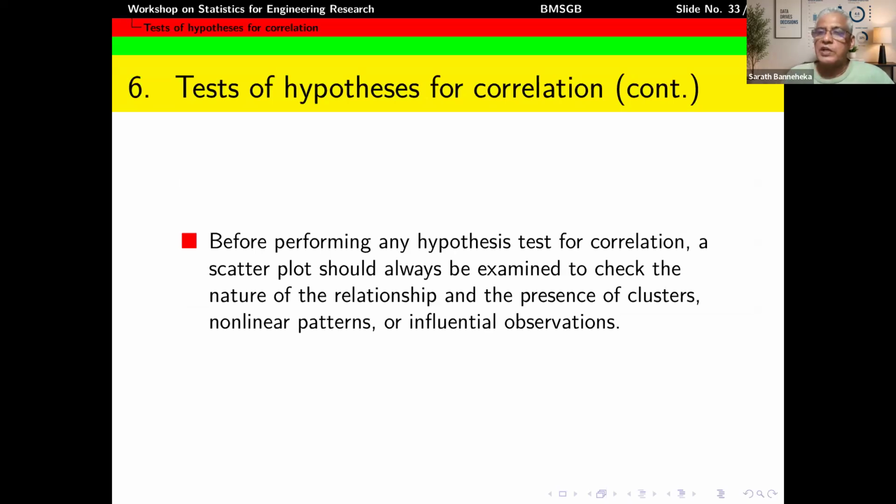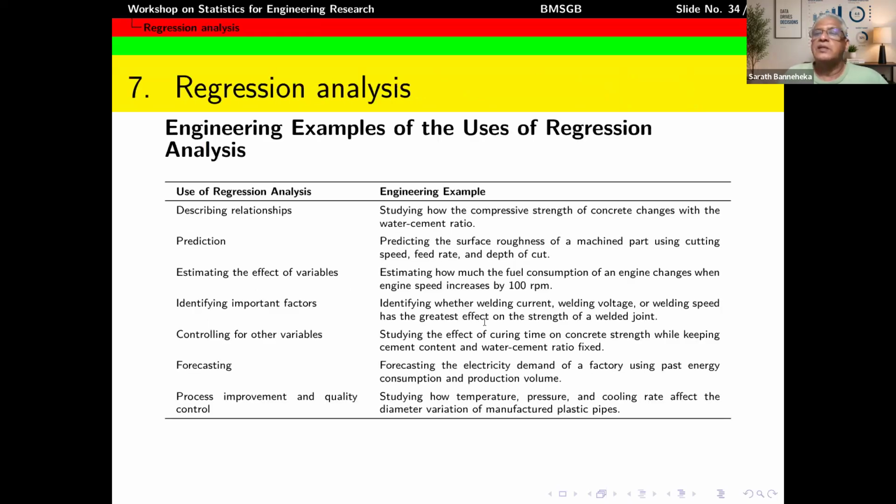So now it's clear that before performing any hypothesis test for a correlation, a scatter plot should always be examined to check the nature of the relationship and the presence of clusters, nonlinear patterns, or influential observations, outliers, and extreme values. At this point, I would like to end the first part of this video.